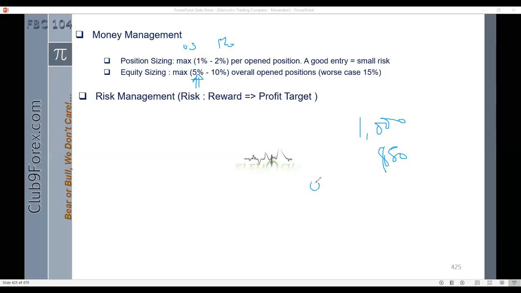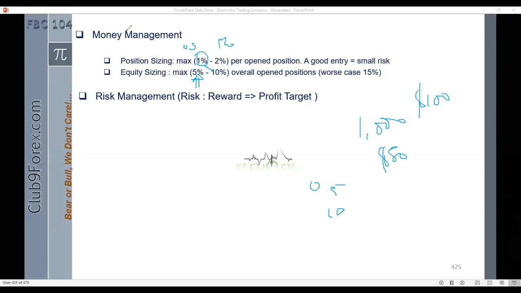You pack about 10 trades using 0.5%, and at the end of it all, by the time you add all the risks together, it's not going to be more than 5%. But if you are using 1% per trade, then by the time you pack about 10 trades together, you are not risking more than 10% of your account, which is $100 if you are trading with $1,000.